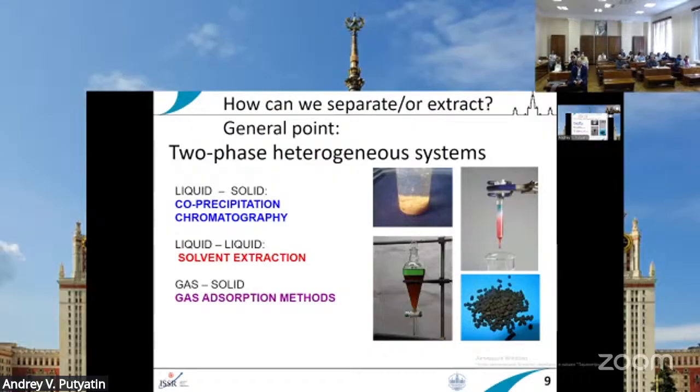One more time, when we deal with separation systems, all of them are two-phase heterogeneous systems. So we must have two different phases, or for example, in the case of precipitation, this phase should occur during the chemical reaction.